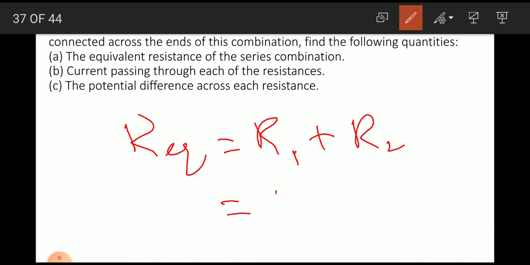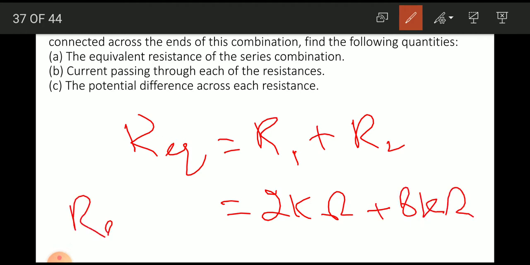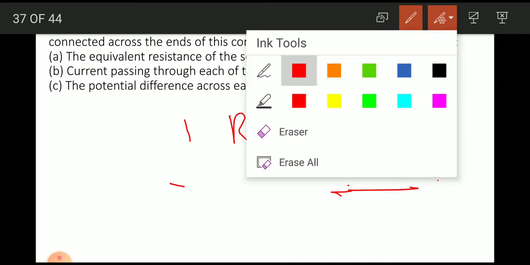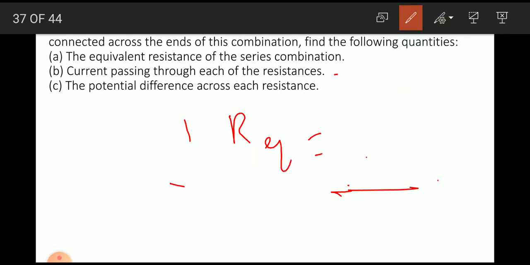So it is equal to 2 kilo ohm plus 8 kilo ohm. So R equivalent is equal to 10 kilo ohm.